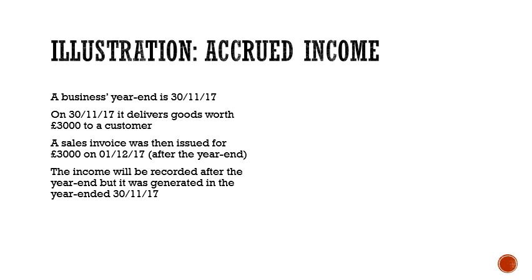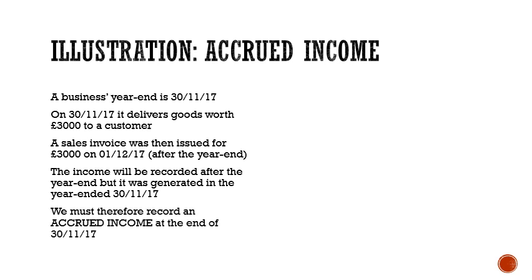So that income of £3,000 is going to be recorded in the sales day book for December 2017, but in truth that income was generated in the year ended 30th of November 2017. So what we need to do is record an accrued income adjustment at the end of 30th of November 2017 to make sure that that income is recorded in the correct accounting period.